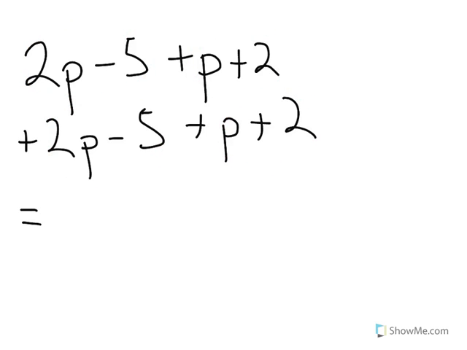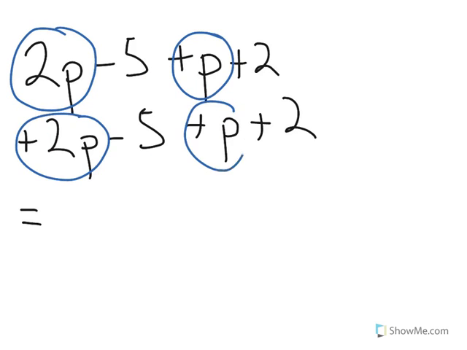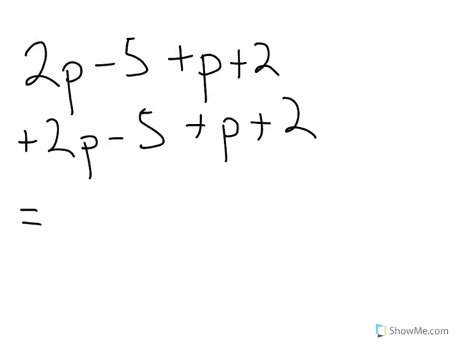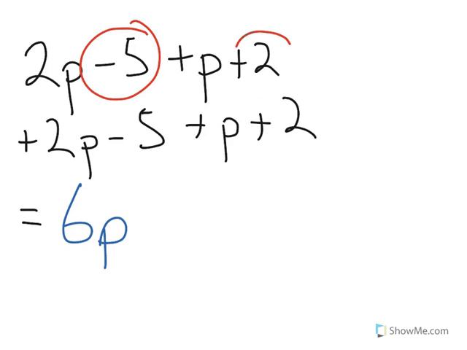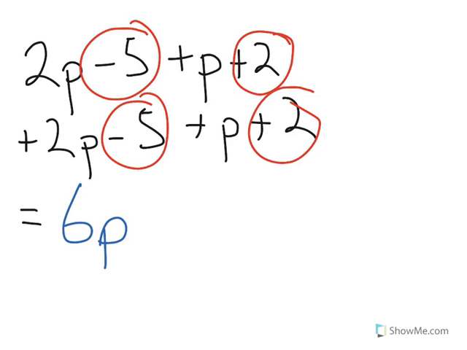Okay, so I need to collect my like terms, so I collect my p's. I've got 2p, I've got another p, I've got another 2p, and I've got another p. So altogether that's 2, 3, 4, 5, 6 p's. And then I'm going to add my whole numbers together, and you can see I've got a minus 5 there, a plus 2, another minus 5, a plus 2, so that is minus 6.